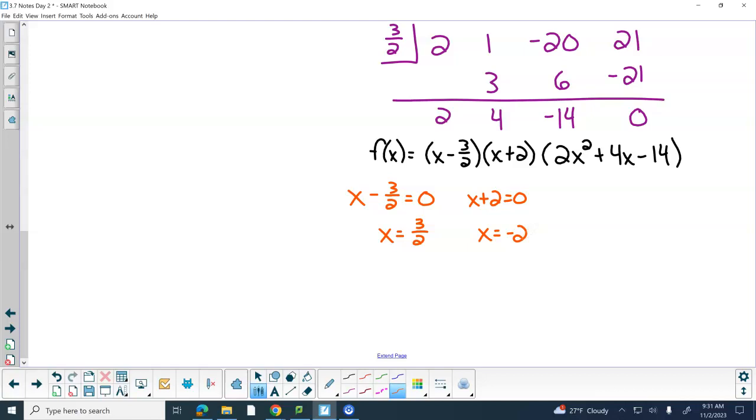And then we've got this one. So if it's not factorable, what do we got to use then? We got to use our quadratic formula. Do you want to divide everything by 2 first to get our numbers a little smaller? Because we can.